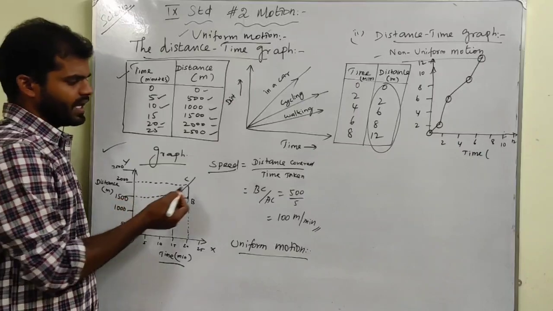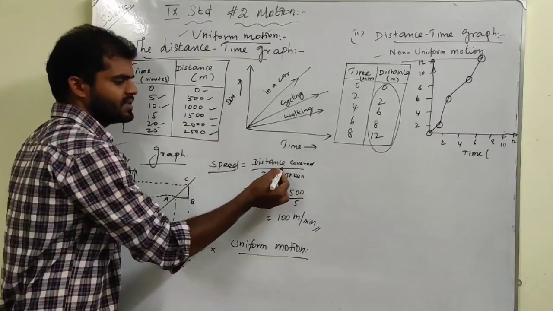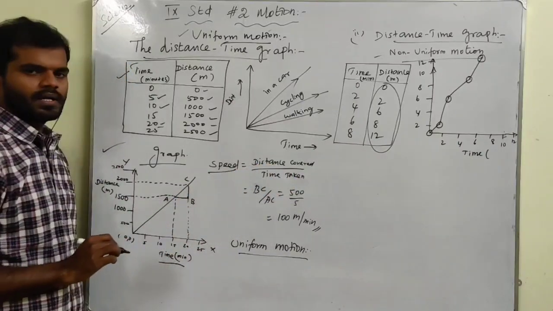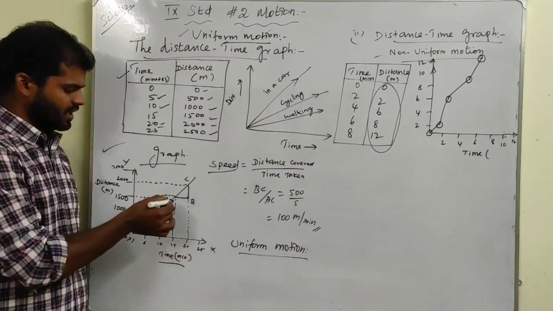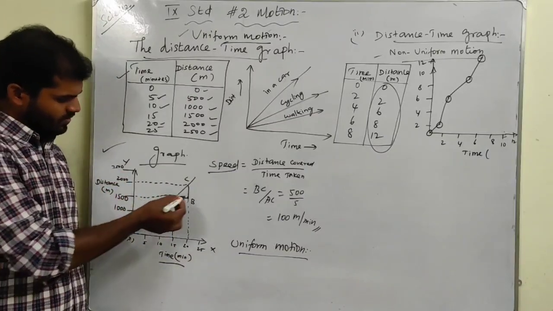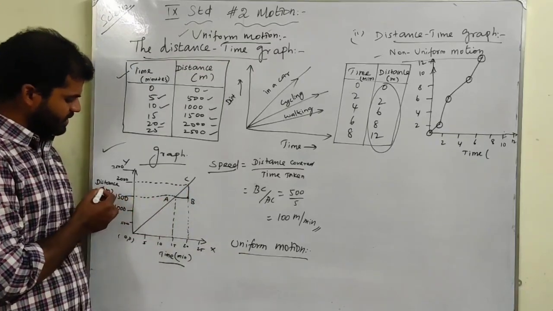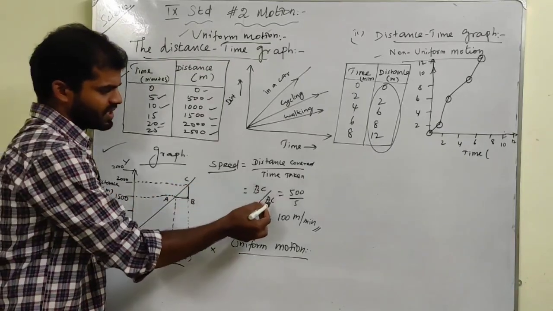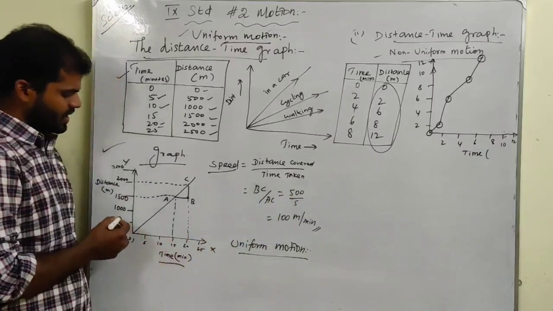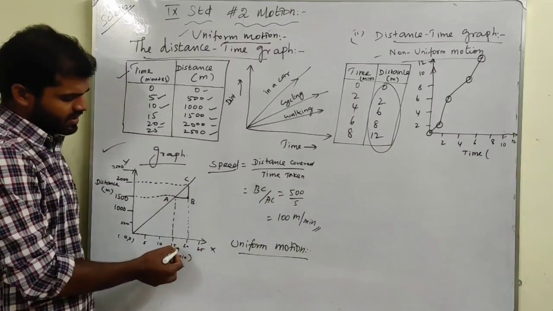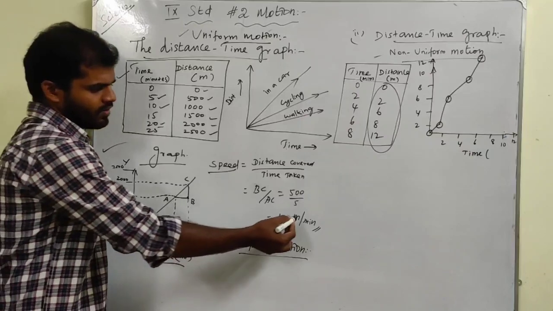Let me take the speed formula: distance covered divided by time taken, right? What is the distance covered here? For example, we have taken BC. The distance BC is 500 meters, and the time taken, the difference between these two, is 5.